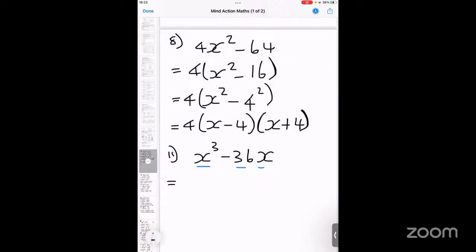I'm just confused about the x to the power of 3. Okay. Maybe let me do this and say, do you agree that x to the power of 3 simply means we have got this many x, and then we have that? Do you agree there, Langelihle? Yes, I agree.